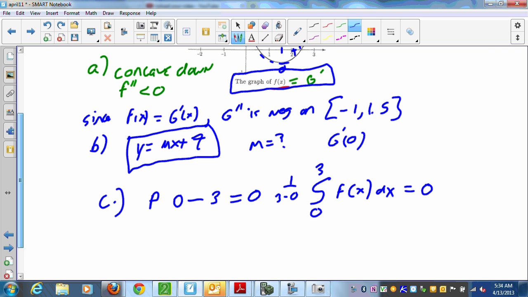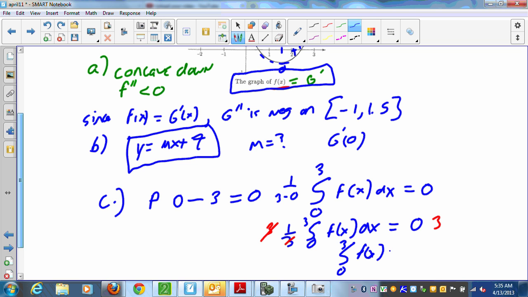Well, one thing you could do is think about this for a second. If you multiply both sides by 3, that cancels that portion out, right? So you're left with just the integral from 0 to 3 of f of x dx still equal to 0, right?